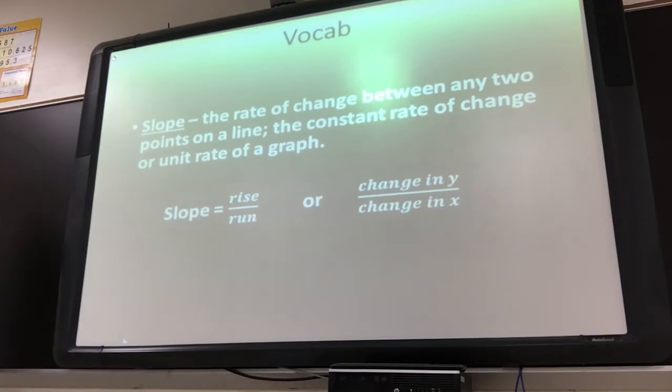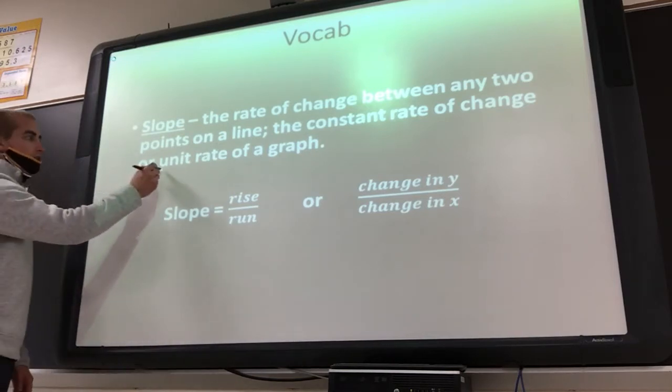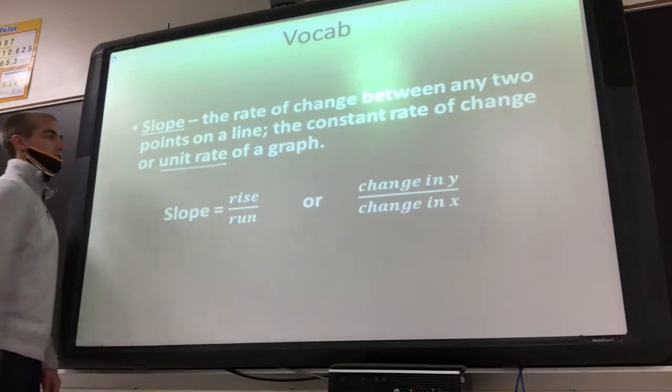And the thing about slope, we kind of talked about it last week, is if it is a straight line, a linear relationship, the slope is always the same no matter what 2 points you're finding the distance between. In other words, it's the constant rate of change, or it is the unit rate of a graph.